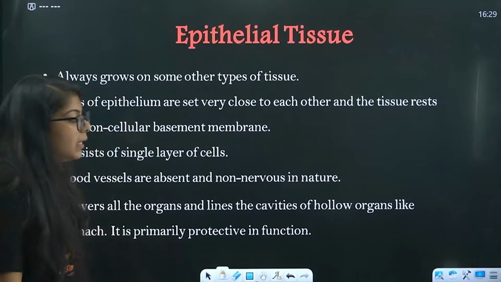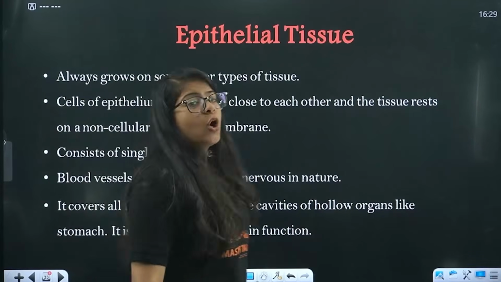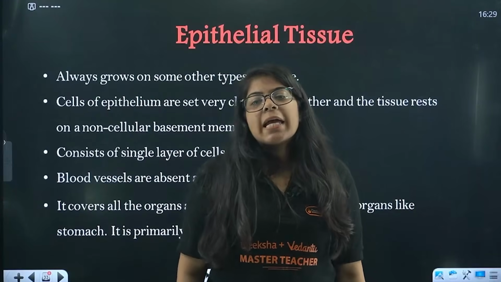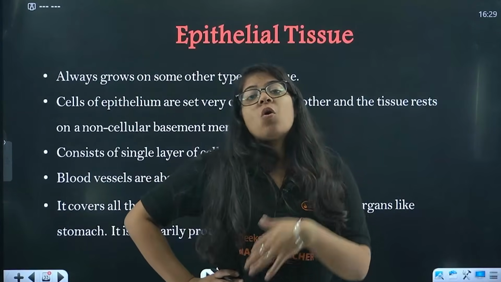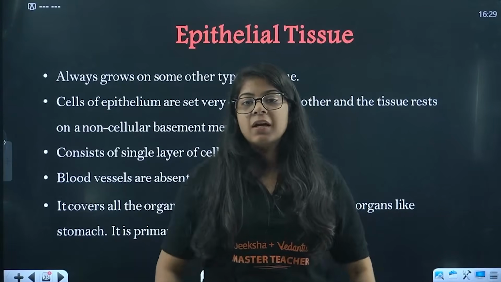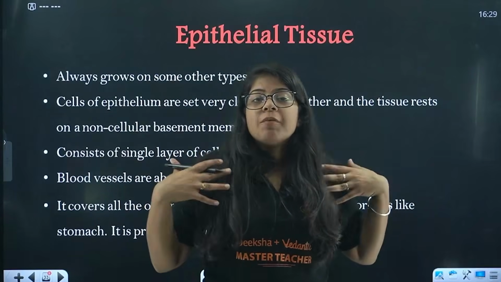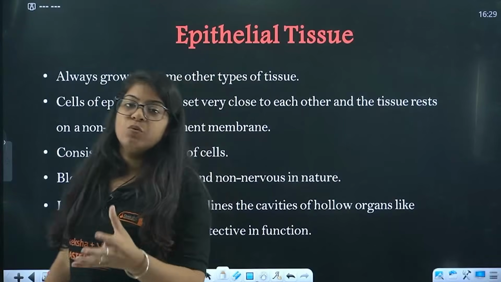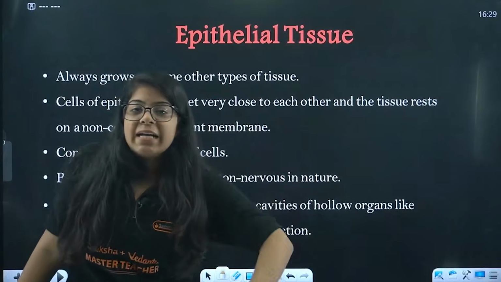Now beta, this epithelial tissue, it always grows on some other type of tissues. Like I have a tissue on my kidney, I have a tissue on my skin, I have a tissue on my heart. So that is what? That is epithelial tissue. It grows on some other kind of tissues.